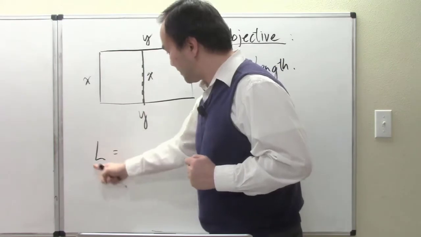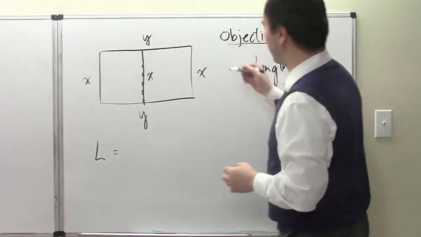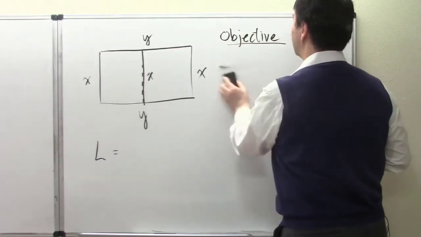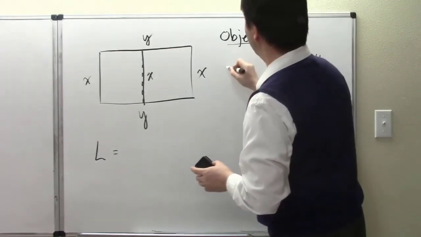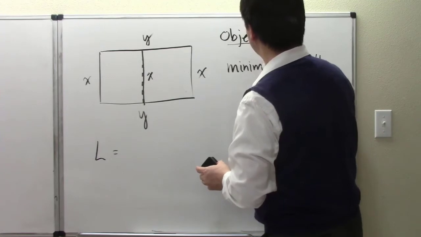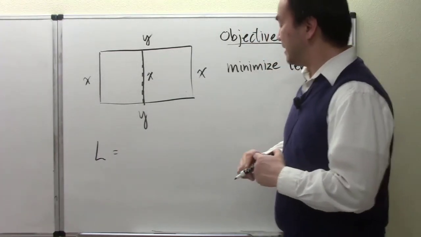So as far as the objective, we know that we want to minimize the length of fencing. Okay?